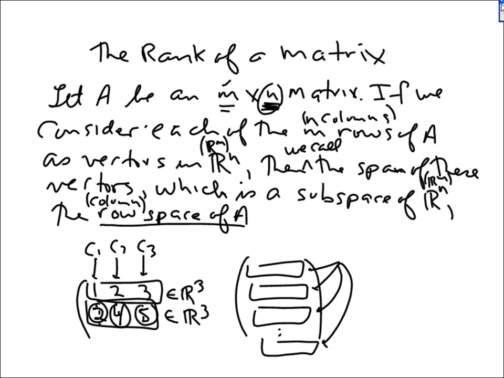I'm going to state a theorem. The theorem says that if A and B are row equivalent, then the row space of A equals the row space of B. The row spaces of A and B are equal.